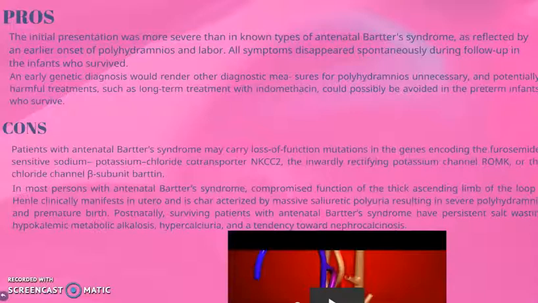In most persons with antenatal Bartter syndrome, compromised function of the thick ascending limb of the loop of Henle manifests in utero and is characterized by massive salt-wasting polyuria. Postnatally, surviving patients with antenatal Bartter syndrome have persistent salt wasting, hypokalemic metabolic alkalosis, hypercalciuria, and a tendency toward nephrocalcinosis.